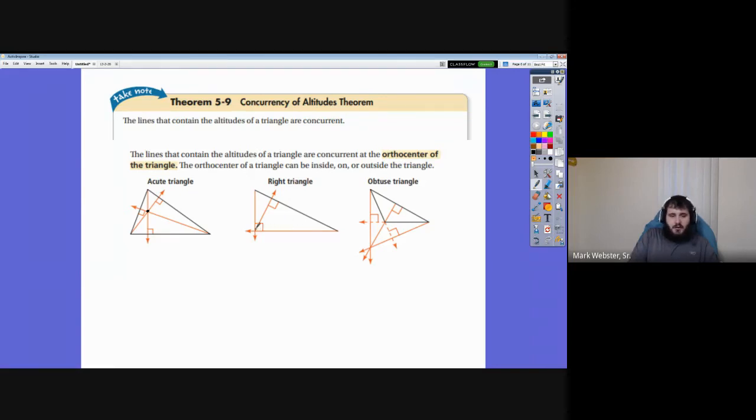A right triangle is going to have its orthocenter, now, instead of being on the hypotenuse like the circumcenter was, on the right angle vertex. So find the right angle. Boom, it's right there on the corner. And then the obtuse triangle is going to be on the outside on the big angle side, like we saw over here.